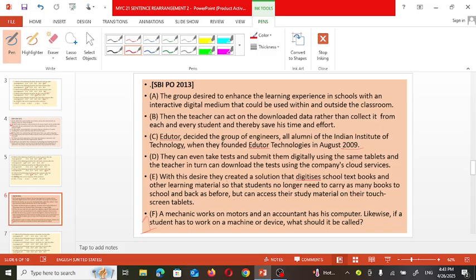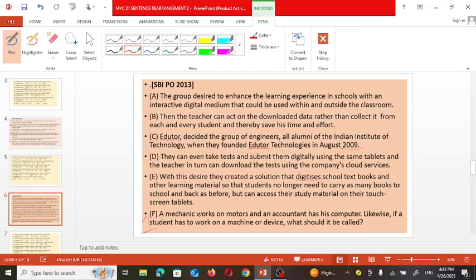F will be our first statement because the whole paragraph is giving information about this digital education system, isn't it? F is your opening statement which establishes a link between a mechanic and an accountant, and also it raises a question which opens up these other discussions. So F will be the first statement.